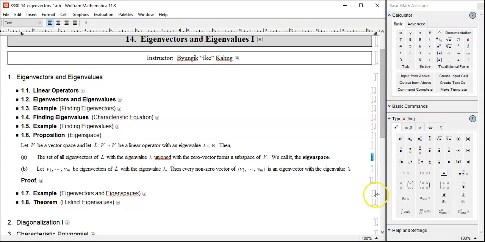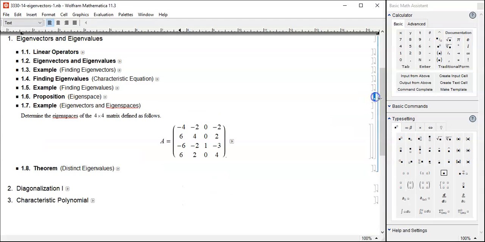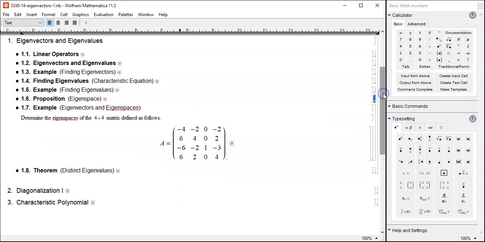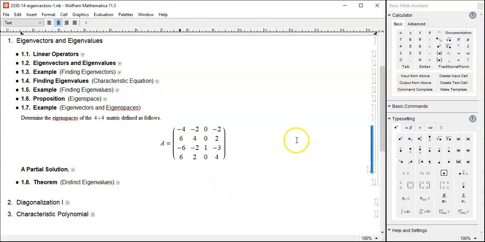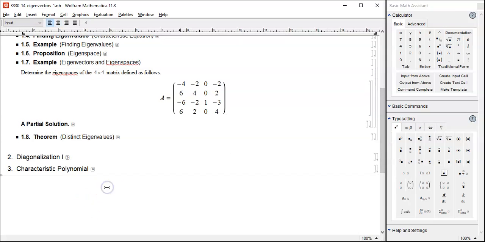Let's consider an example here. We went through this already. What are the eigenvalues?